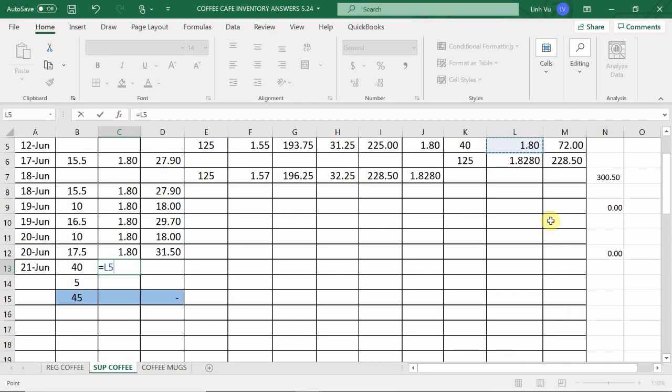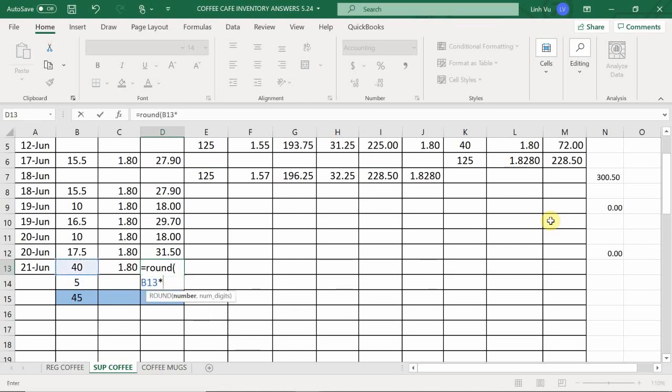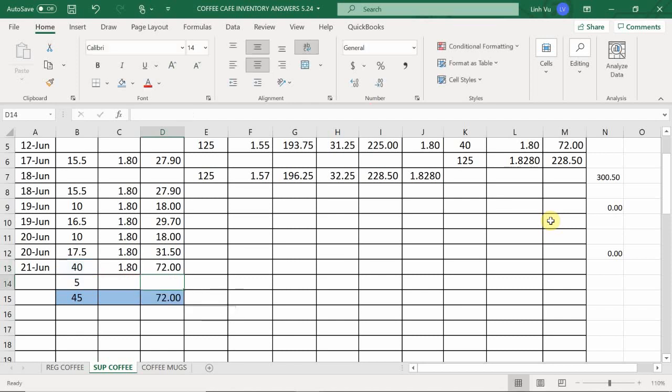It's $1.80, right? Which, if I do my calculations, that should give me a total of $72 even. You could either choose to type it in here or calculate it, but I'm just going to calculate it for class purposes. I want to keep consistent. But I know it's going to be $72.